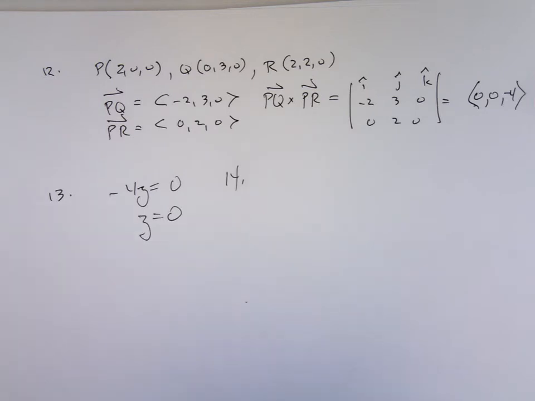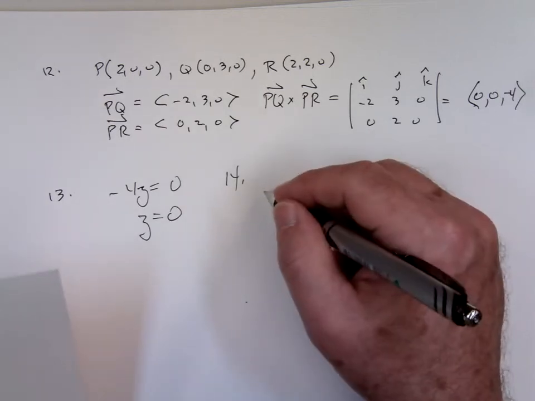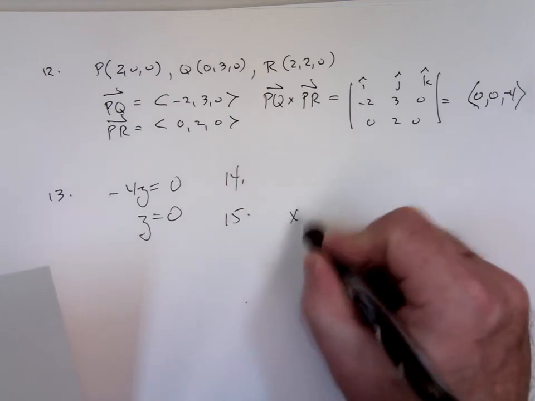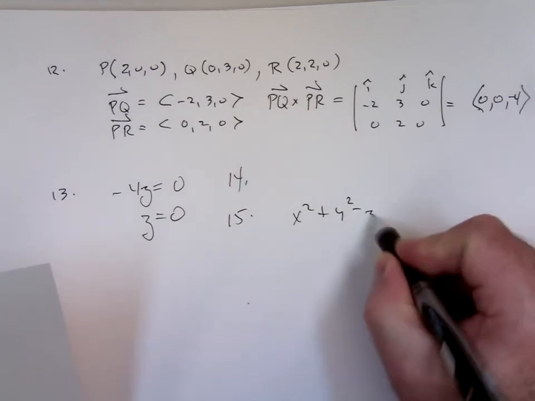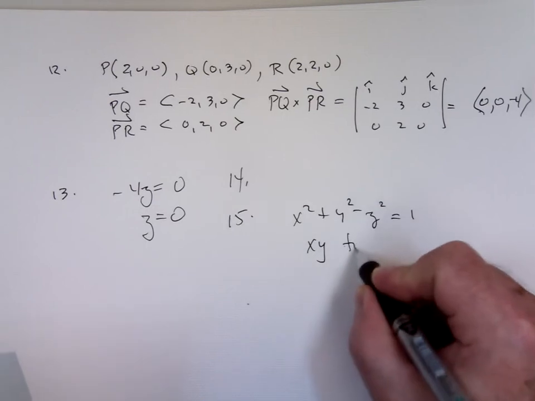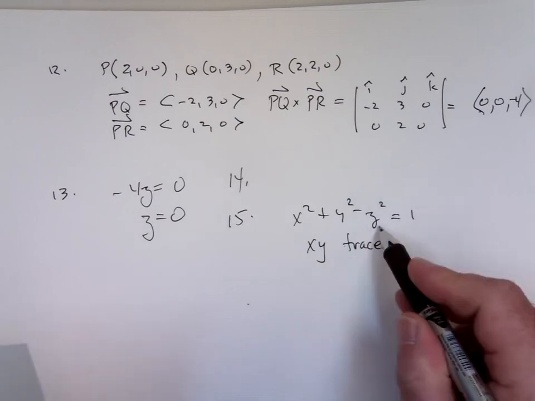All right, 15 through 17. Given the surface, x squared plus y squared minus z squared, probably the one I did in class. I do that. That's another thing I do. All right. But anyhow, the xy trace, let z equal 0, and we've got a circle.